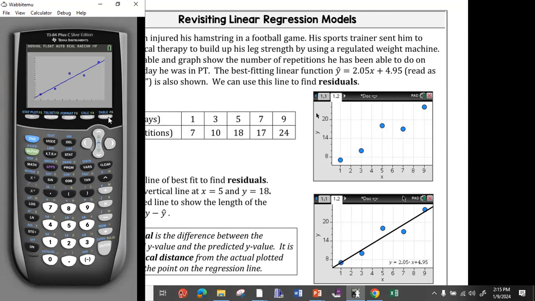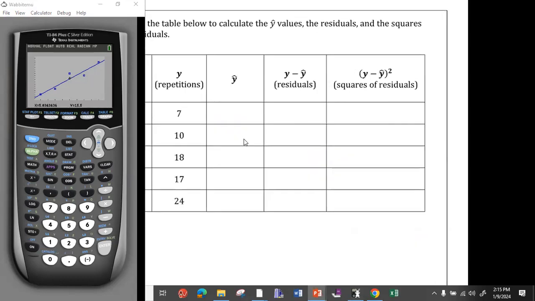Now that we have this, we're going to compare the two. So we're going to actually find what our y was given, so our actual, and then we're going to find our predicted and find their residual. So we should have a table that looks like this.